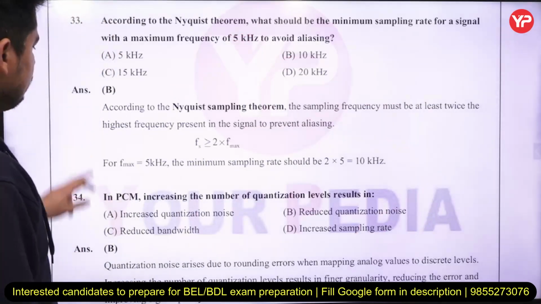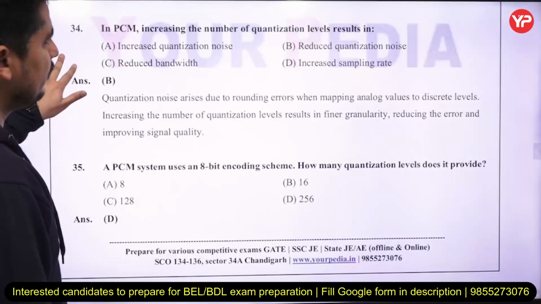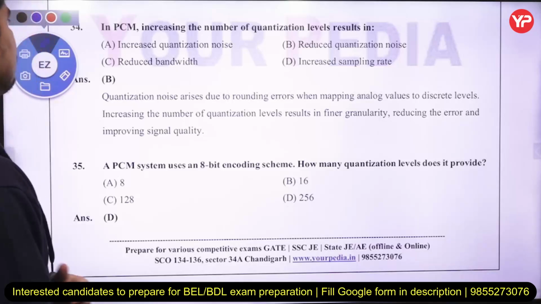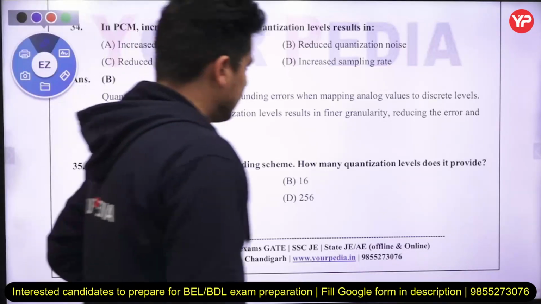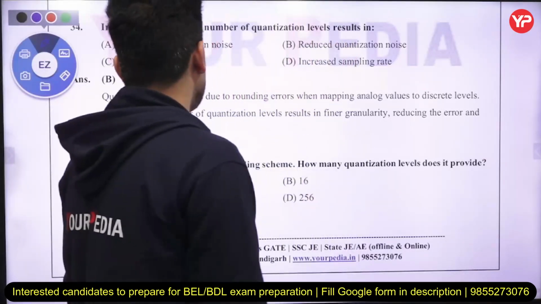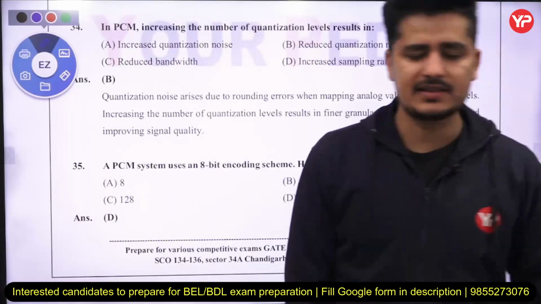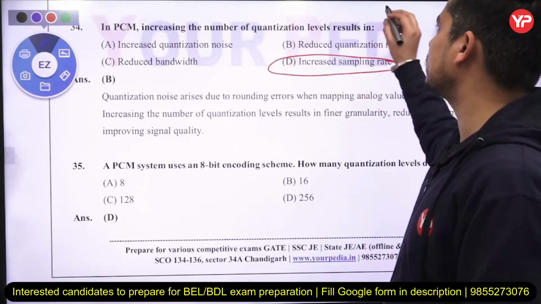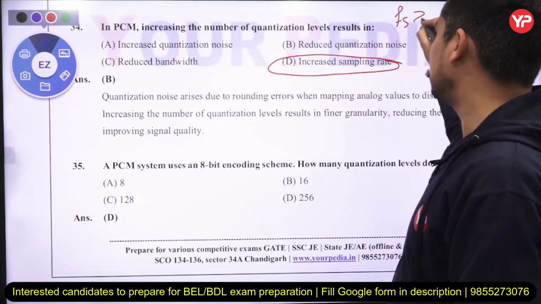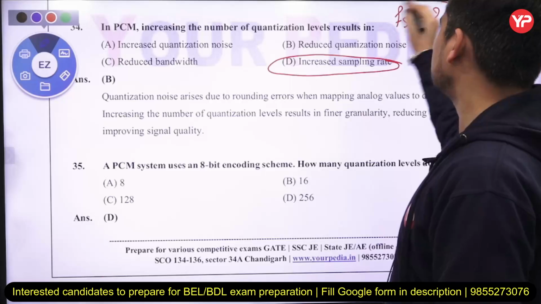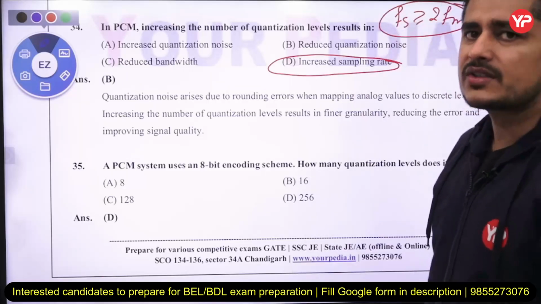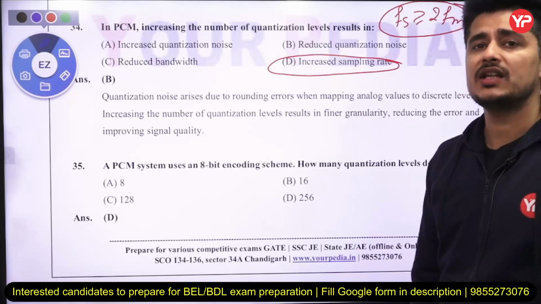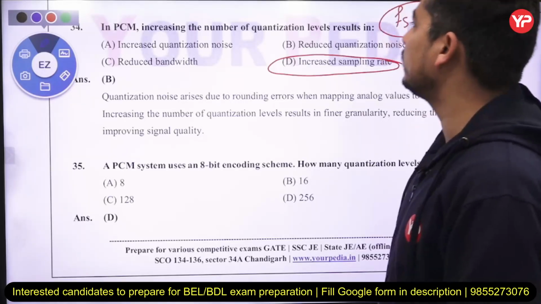Next, in PCM, increasing the number of quantization levels will result in: increased quantization noise, reduced quantization noise, reduced bandwidth, or increased sampling rate. Let us discuss. The sampling rate does not depend on quantization; it depends on the message signal frequency. The sampling frequency will not depend on the step size or the number of levels.